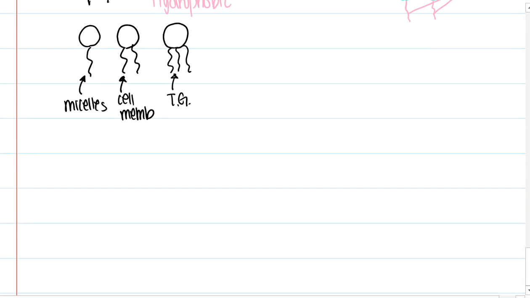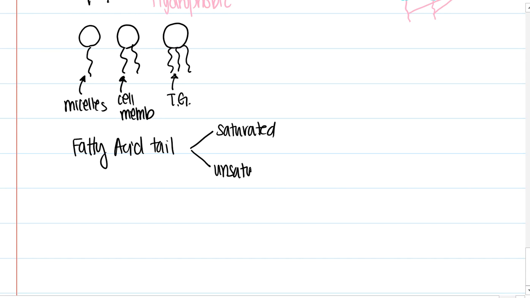Let's talk about the types of fatty acid tails. Fatty acid tails can come in two flavors. They can come in the saturated version or the unsaturated version. When we say saturated, we are talking about them just having single bonds between the carbon molecules. So these are all single bonds.